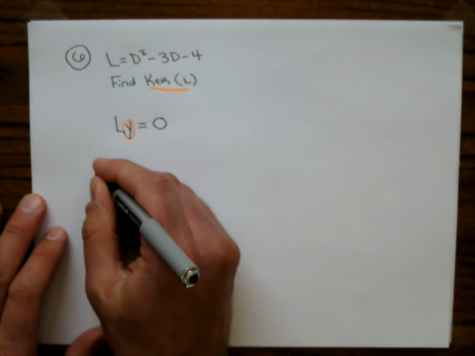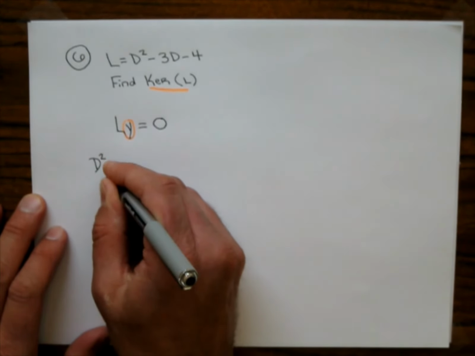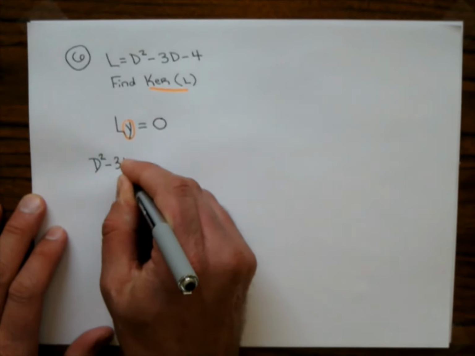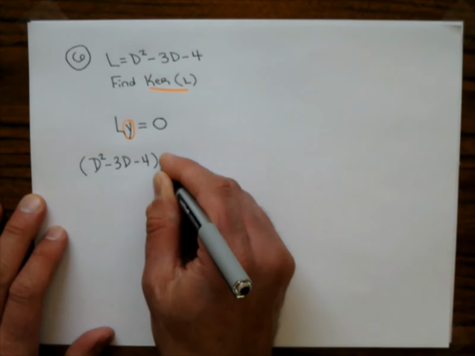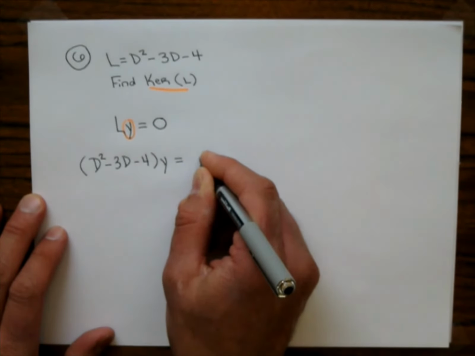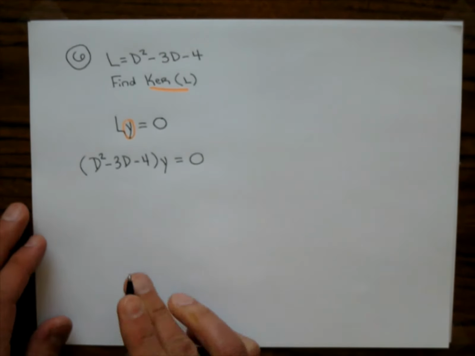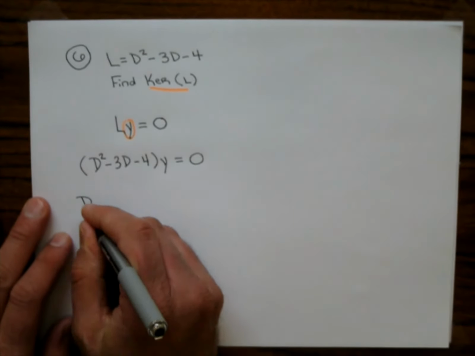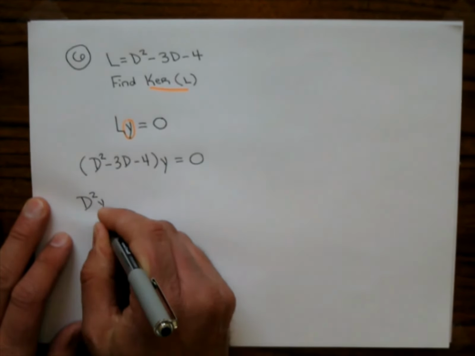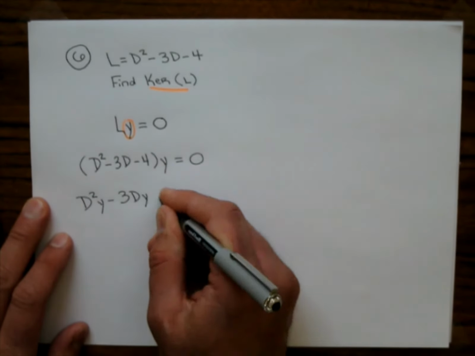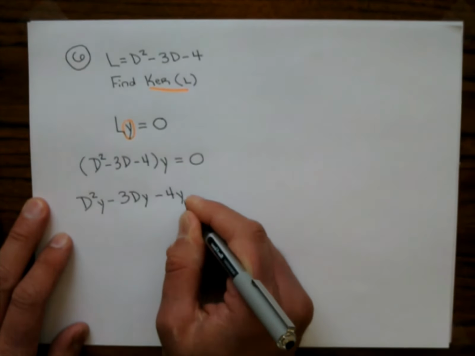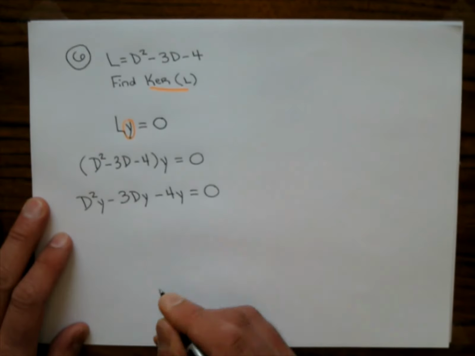So I'm going to replace L with d squared minus 3d minus 4. I don't know what that y is, so I'll just write it like that. This equals 0. Okay, let's go ahead and distribute d squared y minus 3d y minus 4y. This equals 0.